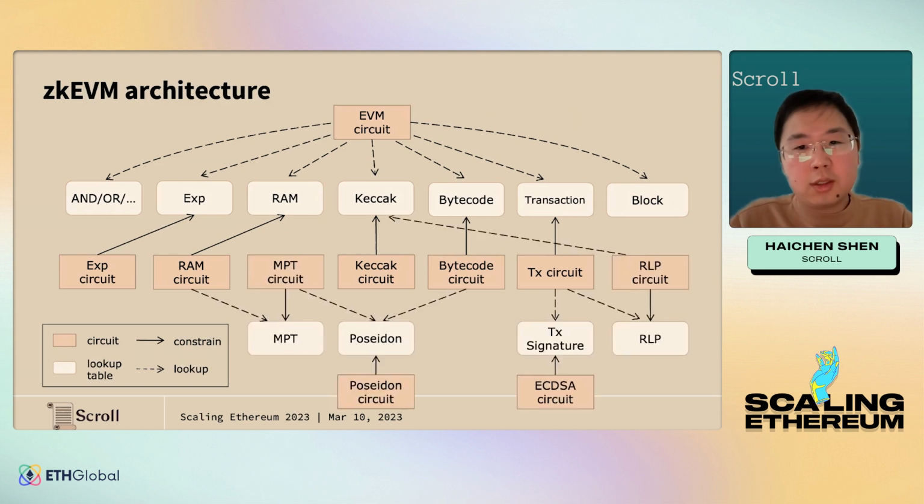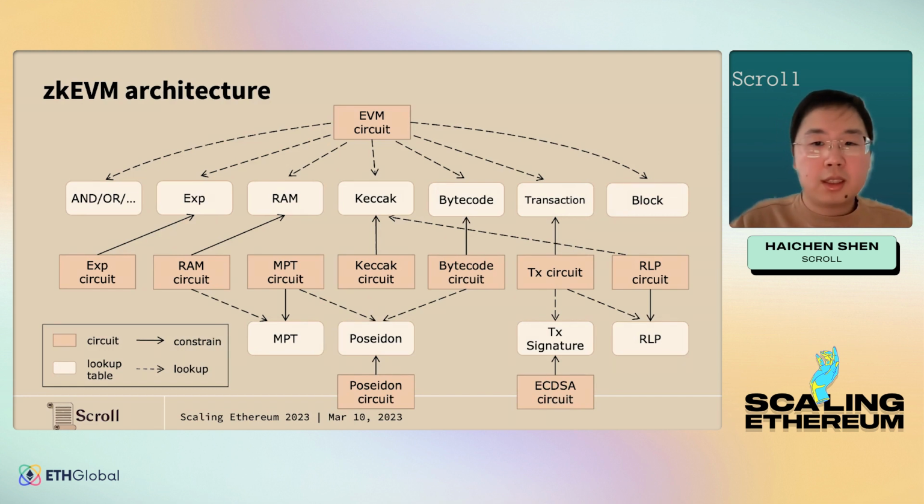And in order to write all of the lookup table circuits, you will also introduce some additional lookup tables and circuits. For example, there will be a Merkle Patricia tree circuit constraining any read or write to the storage and state trees. There will also be a transaction signature circuit, the ECDSA circuit, helping to verify that the transaction signature is correct.